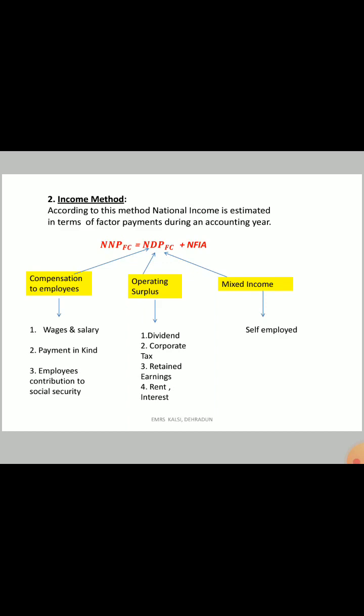According to this method, the national income is estimated in terms of factor payments during an accounting year. We sum up all the factor incomes generated in a domestic territory, or generated in a country, from all the sources, and then we find the national income.